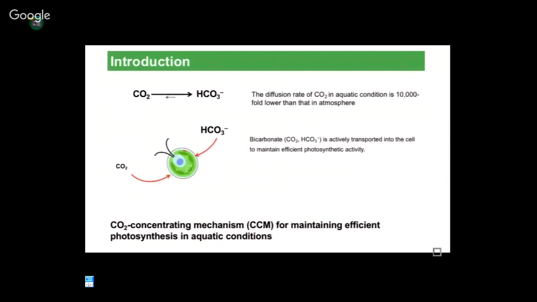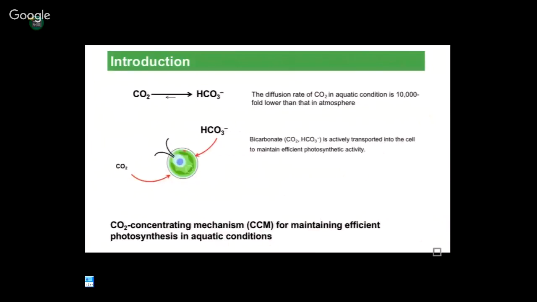CO2 limiting stress is caused by the lower diffusion rate of CO2 in aquatic conditions than that in atmospheric conditions. To acclimate to these stresses, many aquatic organisms possess a CO2 concentrating mechanism, CCM.